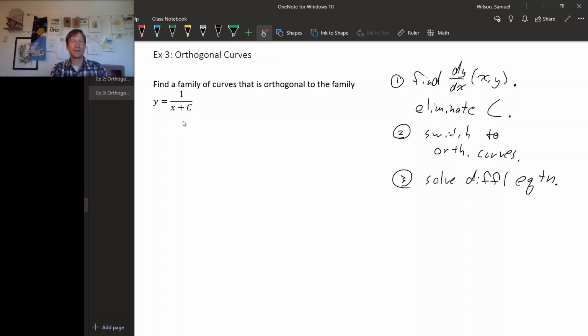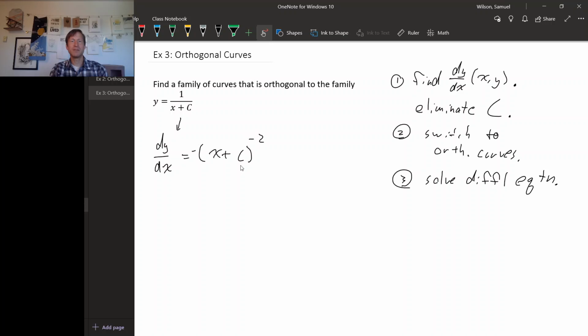So let's take a derivative here. We get dy dx equals x plus c to the minus second. We get a minus sign from the chain rule.